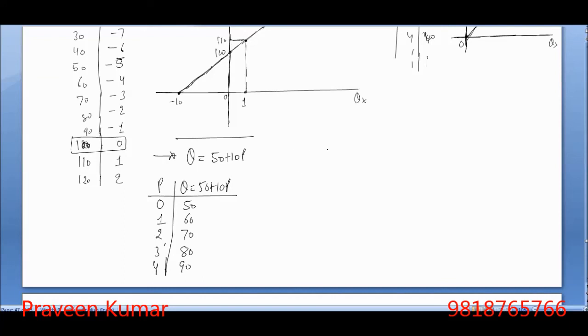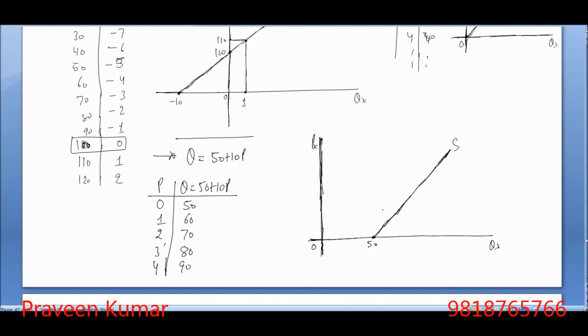If you draw this curve, if you graphically represent this curve, this is the price, this is the quantity. Now at 0 price the quantity supplied is 50. Let us assume this is the 50, and from here onwards we can have different combinations to be plotted, and we will get something like this.